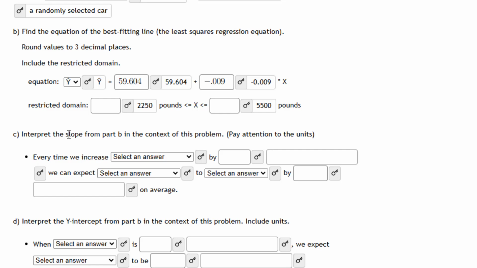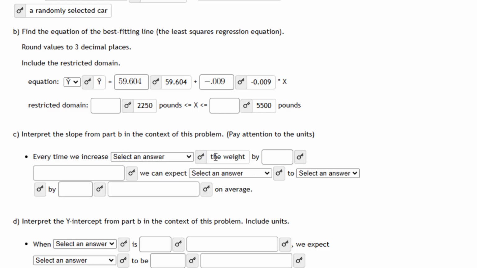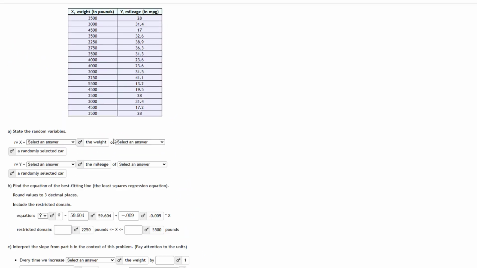Okay, now we can interpret the slope and the intercept. Well, the slope of any line is the rate of change. It's how fast the y value is changing every time the x value changes by 1 unit. So every time we increase the weight, because that's the x value, by 1 pound, because these things were in pounds, right?